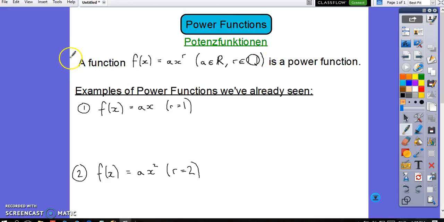So here you have the definition of a power function. A function, f of x, is equal to a times x to the power of r, where a is any real number. So you're multiplying any real number by x to a power, and r is a rational number.